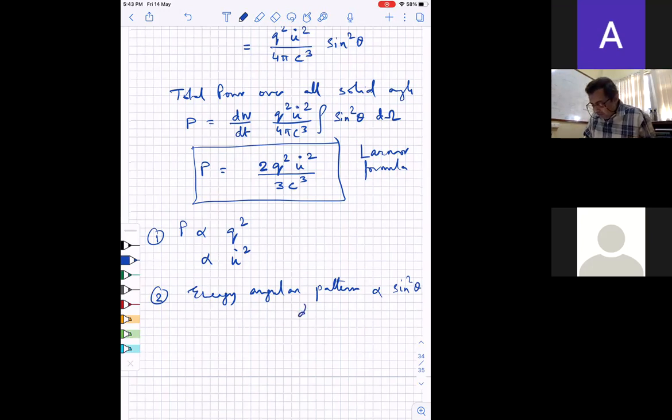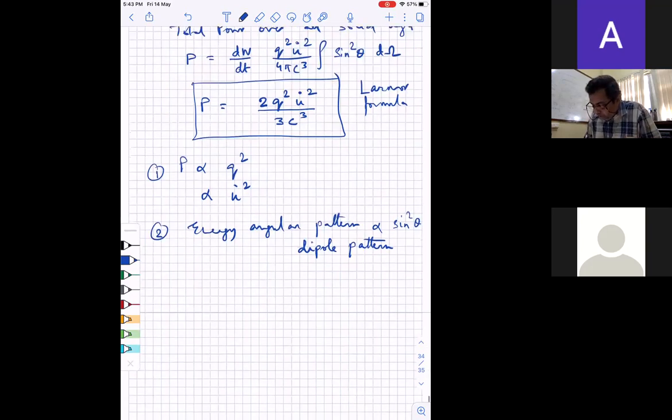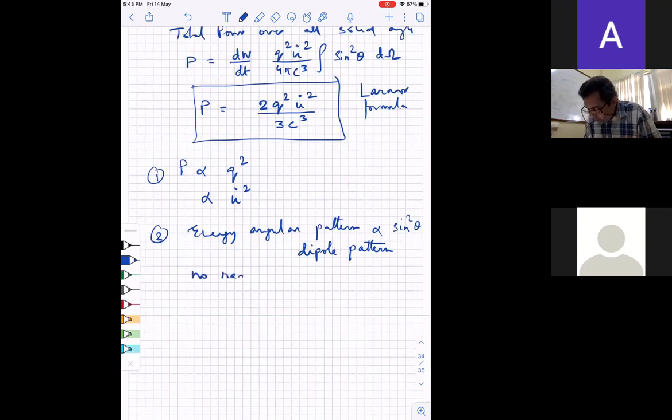So there is no radiation along the acceleration direction, and maximum radiation perpendicular to the acceleration direction.